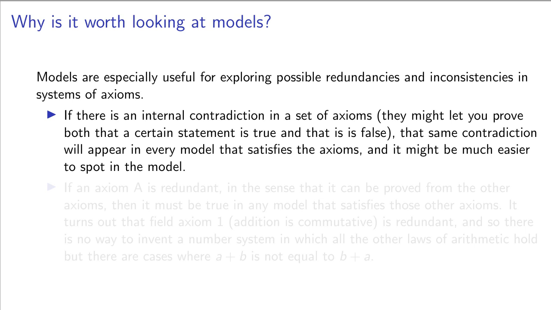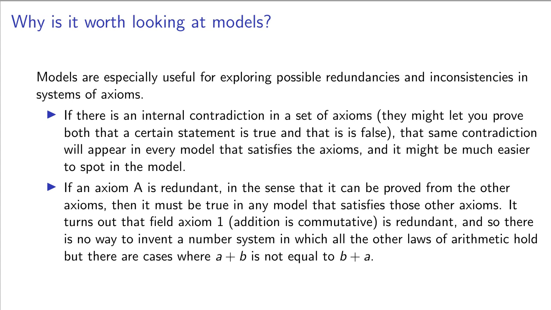More troubling is the possibility that our set of axioms has an inconsistency, that using the axioms we can prove both that something is true and that something is false. Here's where models come in handy. If there's an internal contradiction in a set of axioms, which may well not be apparent, that same contradiction is going to show up in any model that satisfies the axioms, and usually in the model the contradiction will be quite apparent.